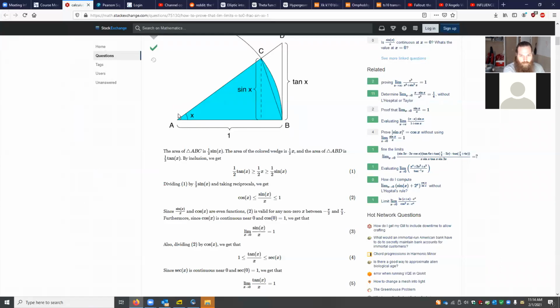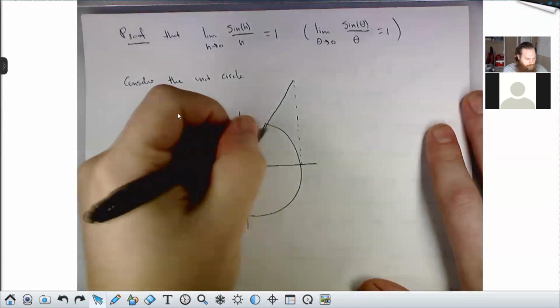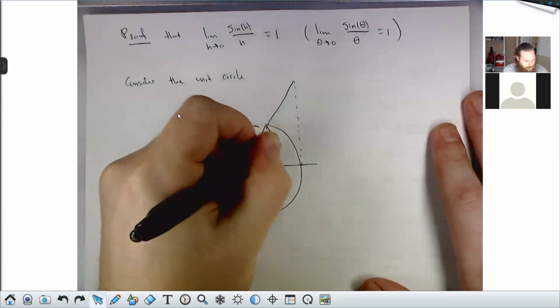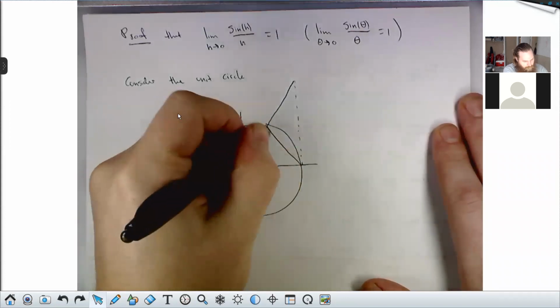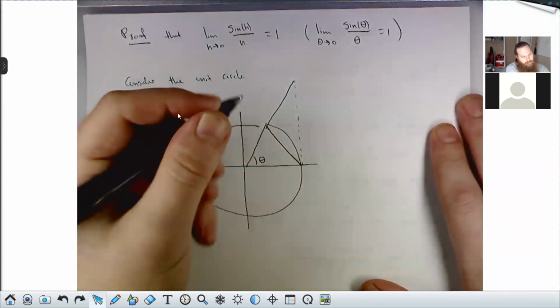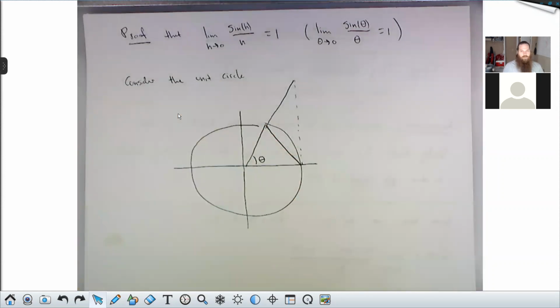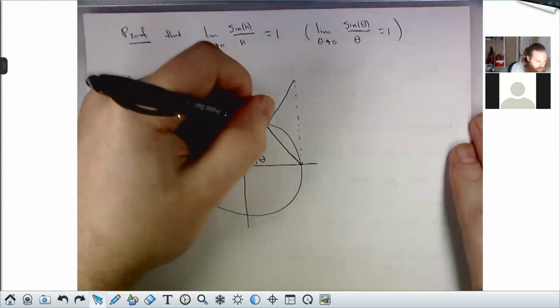Use this guy, 1/2 base times height. 1/2 sine x, that's the little guy. Okay, so that's 1/2 tangent x. Yeah, that's the easier one to use. Okay. And the area of a sector of a circle.